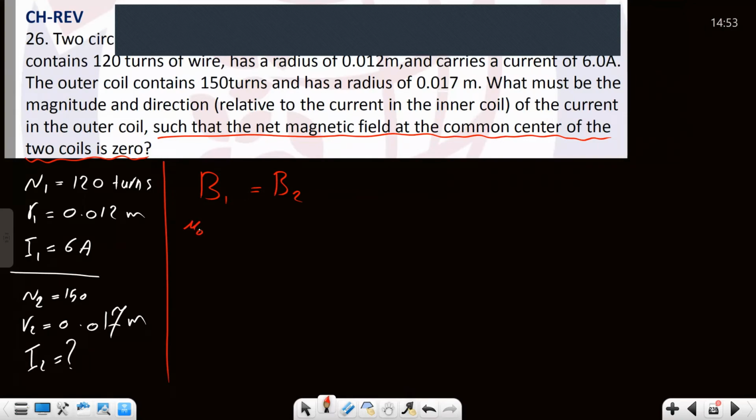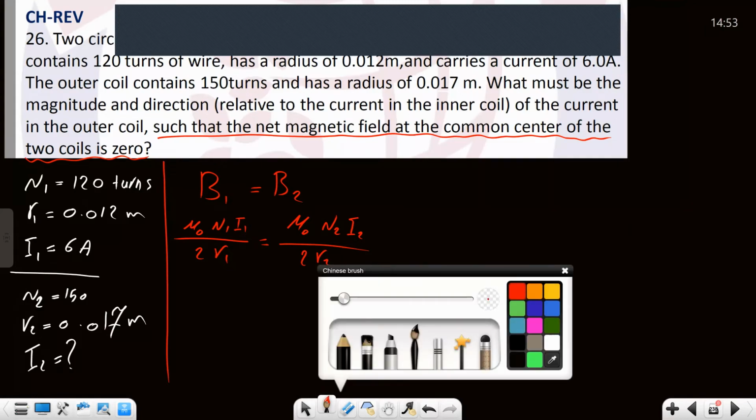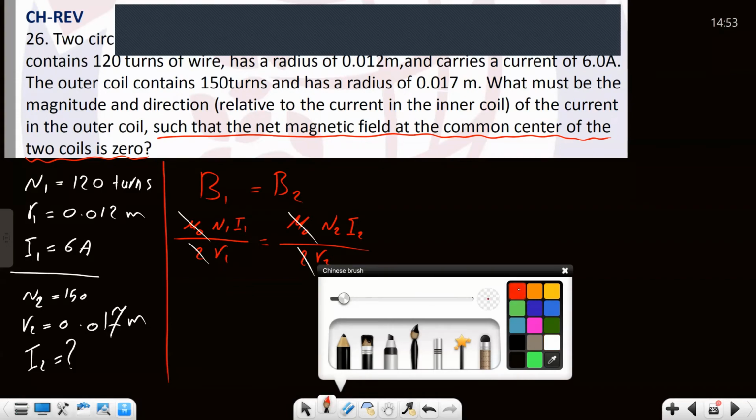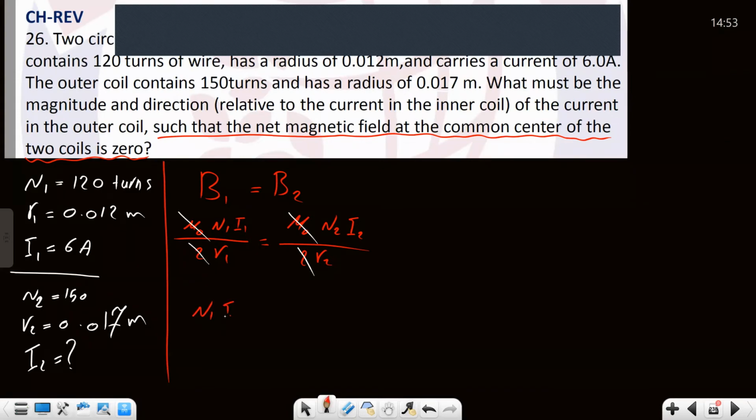Mu naught N1 I1 over 2R1 equal to mu naught N2 I2 over 2R2. Now, you know that they will cancel each other, the mu naught with the mu naught, the 2 with the 2. Only what is going to remain? N1 I1 over R1 equal to N2 I2 over R2 will remain.